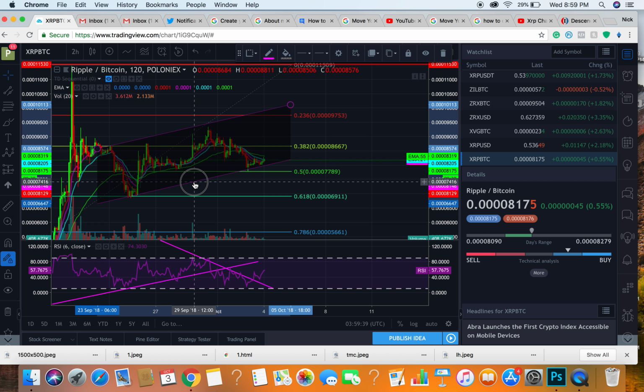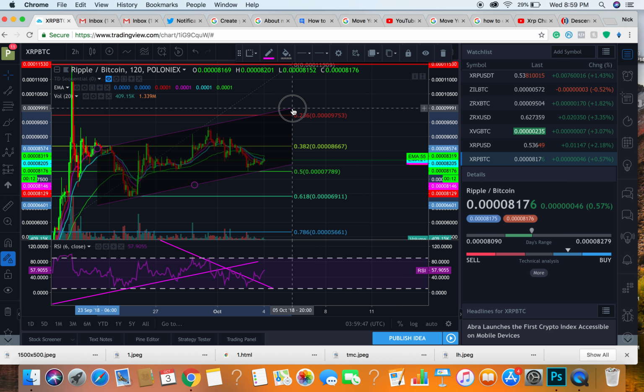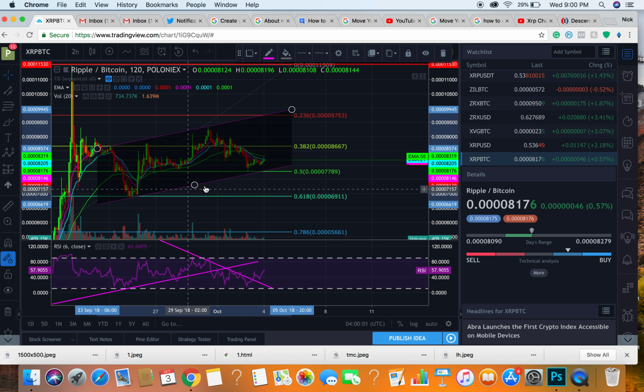Actually got that wrong a little bit, but it does work. So there is an ascending channel going on here, and we need to be aware of it and keep that in mind, that may be something that comes into play too. So what you can do is watch this going forward. We may need to adjust this a little bit to make it work. This may not be the actual channel, but I'll bet you it's somewhere close to what we have going on.